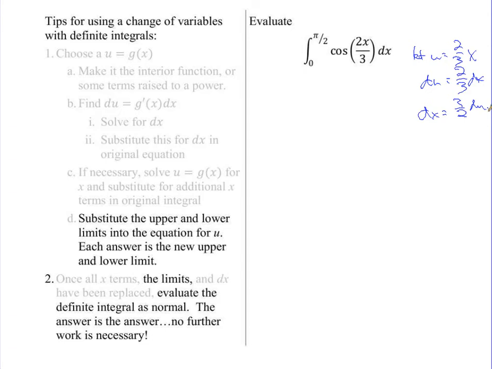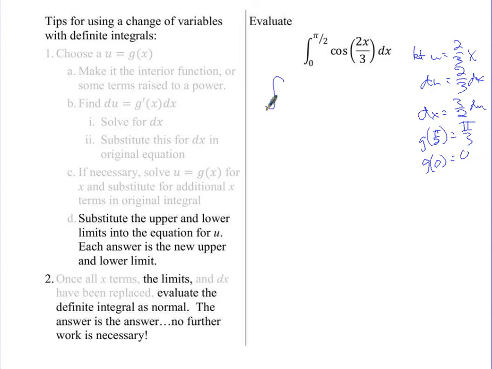Do you want to change your upper and lower limits here? Might as well. So g at pi over 2 equals, good. And g at 0 equals 0. So that little bit of extra work saved us from having to back substitute.